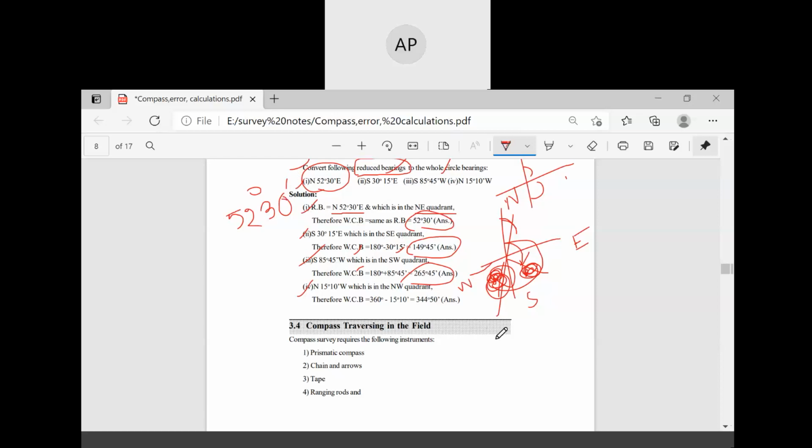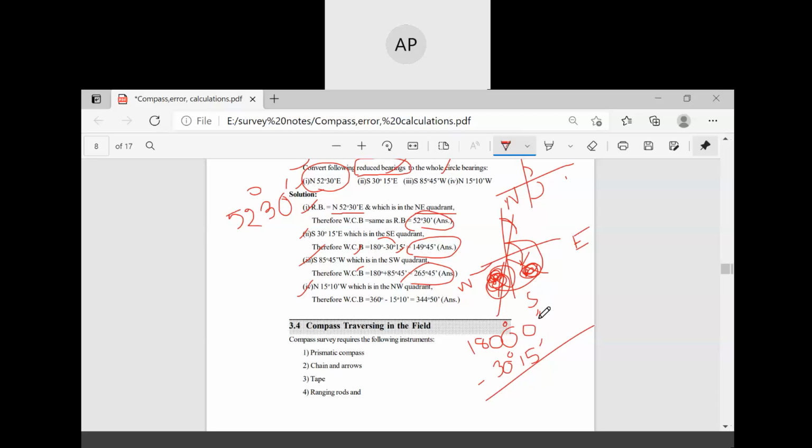Okay, minute you have to minus, here it is 180 minus 30. So 180, let me show you. 180 degree, there is nothing. That means it has 0 degree, 0 minute. Then suppose 30 degree 15 minute. Then you minus, how much will it be? 180 degree, nothing means 0, 0 minute.